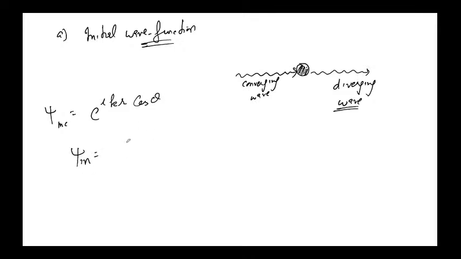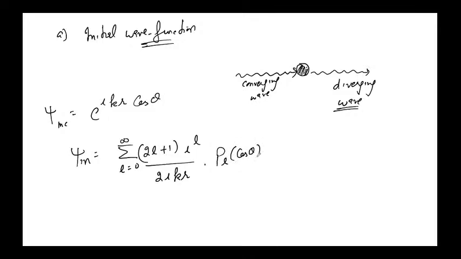By putting in the value of the Bessel function and the Legendre function, the equation becomes the sum over L of (2L plus 1) i^L over 2ikr, times P_L(cos theta), the Legendre function, times [e^(i(kr minus L pi/2)) minus e^(minus i(kr minus L pi/2))].